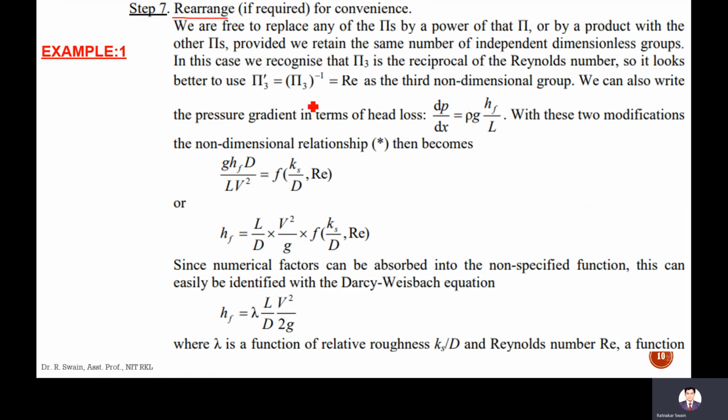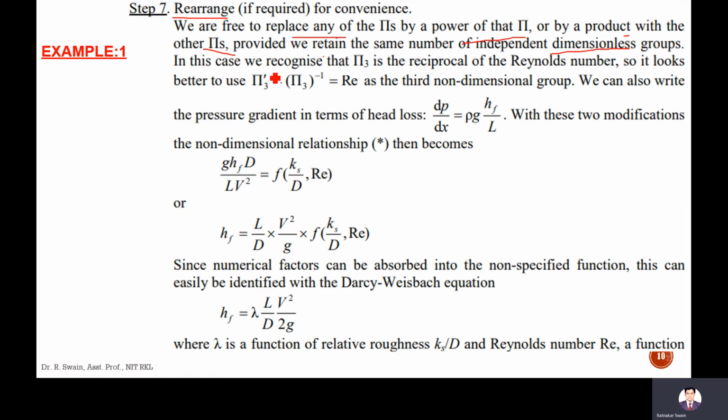This means that we are free to replace any of the pi's by a power of that pi, or by a product with the other pi, provided we retain the same number of independent dimensionless groups. We can rearrange a little bit.